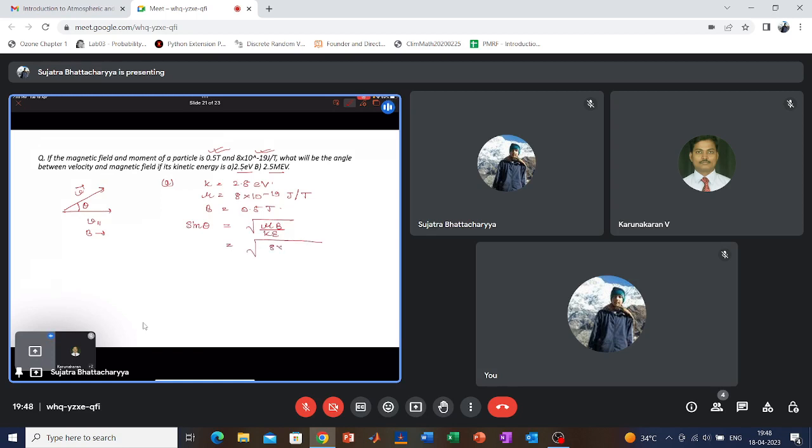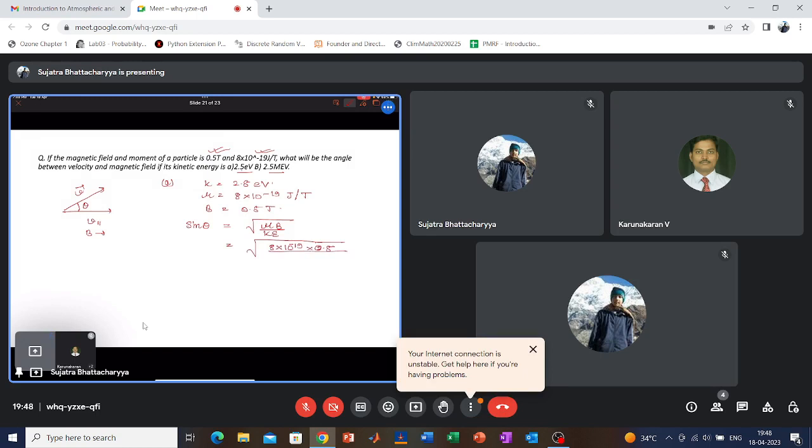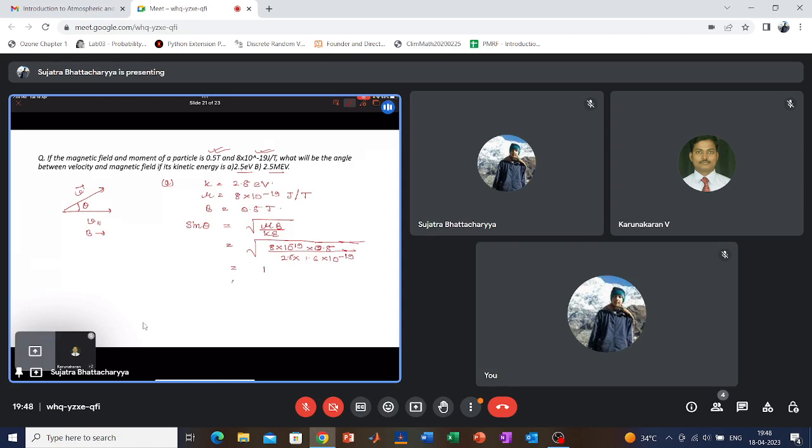So 8 into 10 to the power minus 19 into 0.5 Tesla divided by 2 into 2.5 into 1.6 into 10 to the power minus 19. If you calculate it out, it comes out to be about 1. Therefore theta should be equal to 90 degrees.